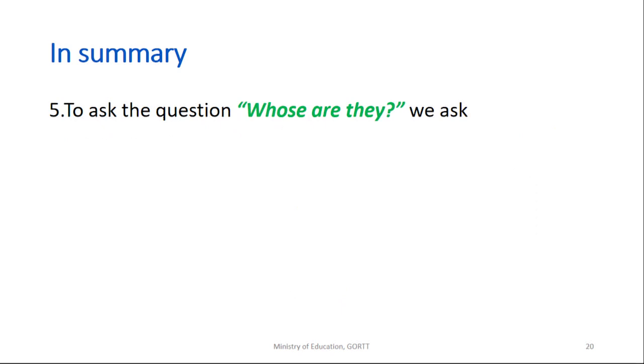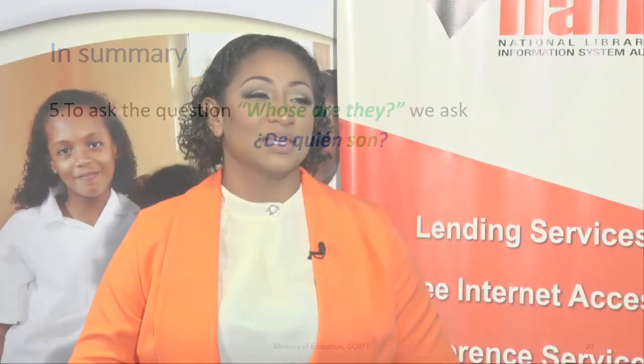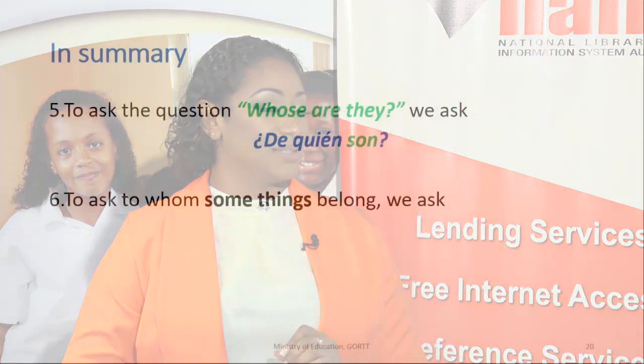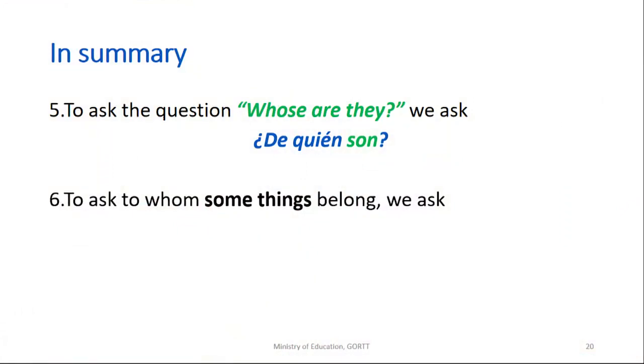We also learned to ask the question, whose are they? We ask, ¿de quién son? Repitan, por favor. ¿De quién son? Excelente. To ask about whom some things belong, we ask, ¿de quién son? followed by the objects that we are trying to find out about.